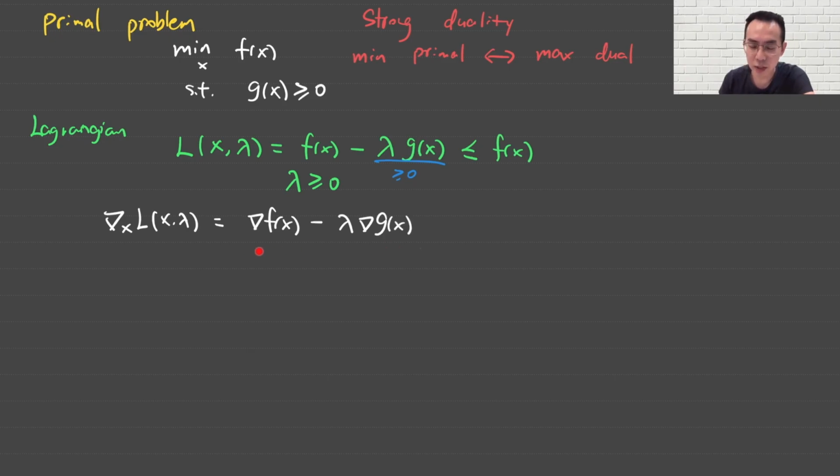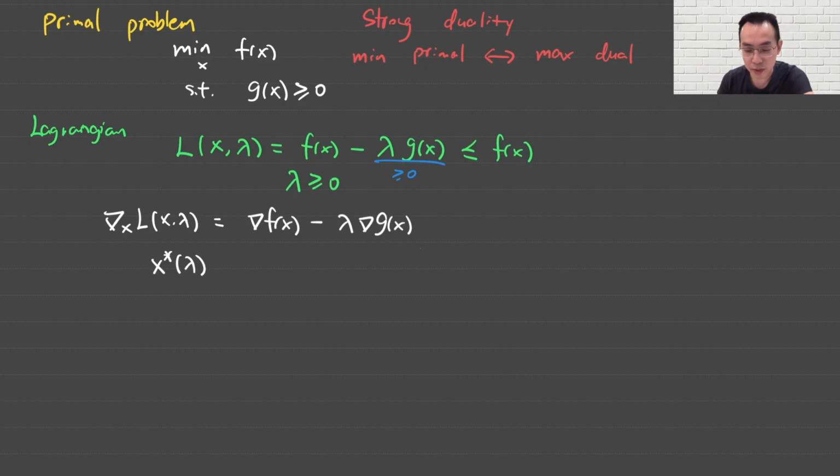This is just like the stationarity condition for the KKT and also the Lagrange multiplier. So we should set this to 0. But one thing to be considered here is that we also have the parameter lambda. So when we set this to 0, we should actually set x star of lambda. That's going to be the optimal.